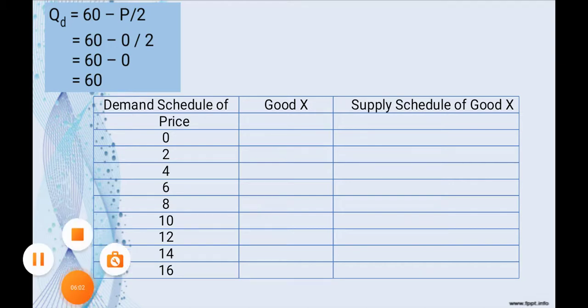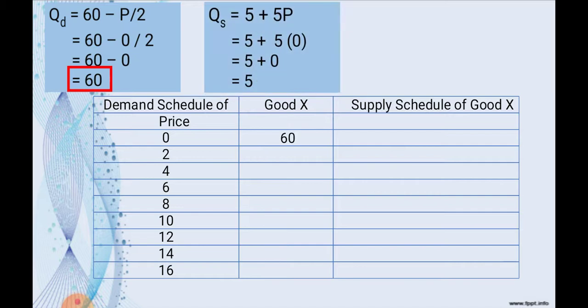Since our price is 0, 0 over 2 is 0. Therefore, 60 minus 0 is 60. So Q sub D is 60.